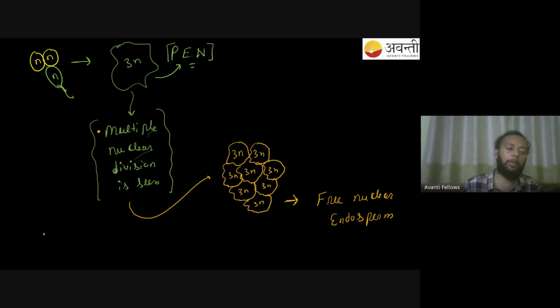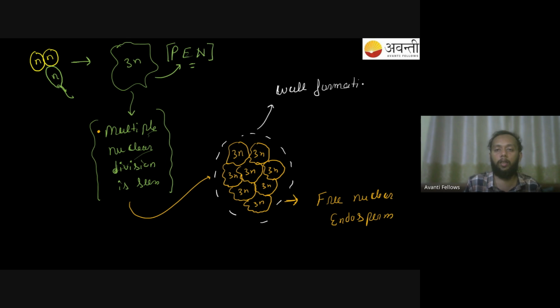Once the nuclear division has happened a lot, you will find wall formation observed afterwards. So that should be clear to all of you. The wall formation will happen later.